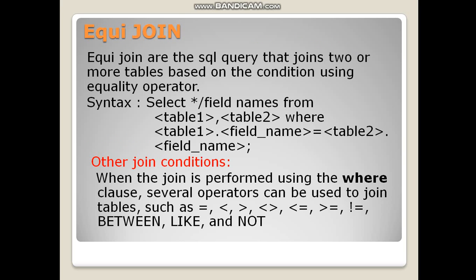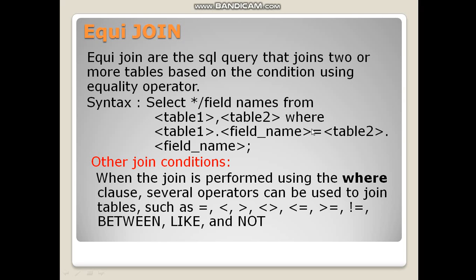Our next method of join is EqualJoin. The term EqualJoin refers to a type of join where we give the condition using the equal operator. EqualJoin is a SQL query that joins two or more tables based on a condition using the equality operator. As I have told you, you can join two or more tables using some conditions.